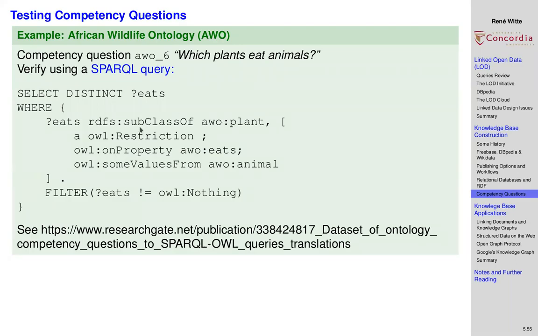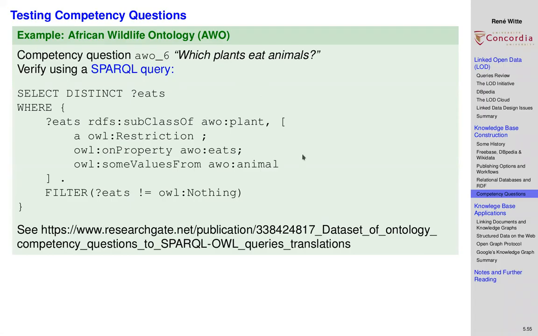In this case, you can see that there is a select query that checks for plants that eat animals. This entity here, eats, is a subclass of plant, and the ontology is using OWL, which we haven't covered much, but you can see there are OWL properties and so on that check for the eat relationship.